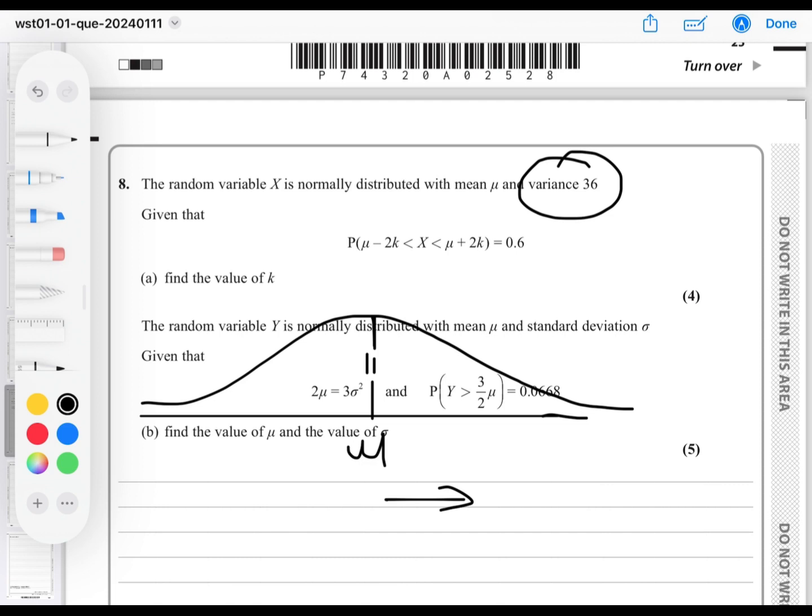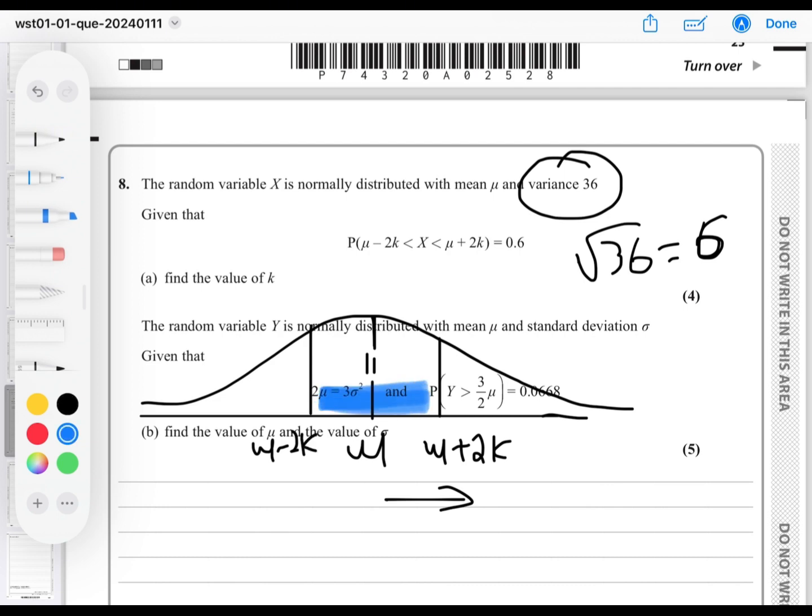The variance is 36, so the standard deviation will be 6, as the square root of 36 equals 6. Okay, so now this side is mu plus 2k according to the question, and this is mu minus 2k, and this portion is 0.6 as they claimed in the question.